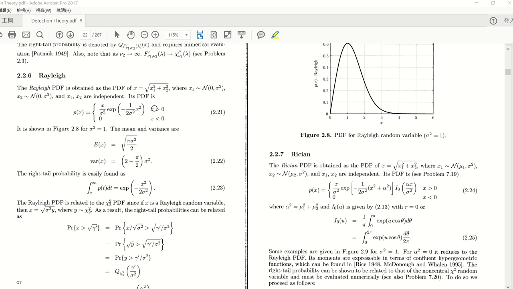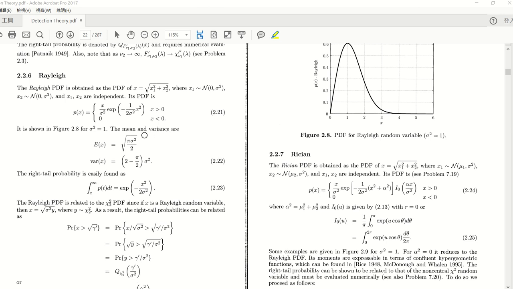When x is larger than zero, it is x divided by sigma square, times exponent of minus 1 over 2 sigma square x square. This is the Rayleigh distribution. It is shown in figure 2.8 for sigma square equal to 1.